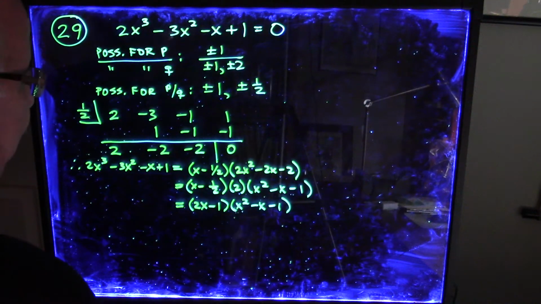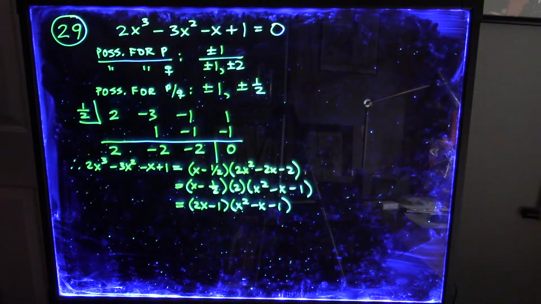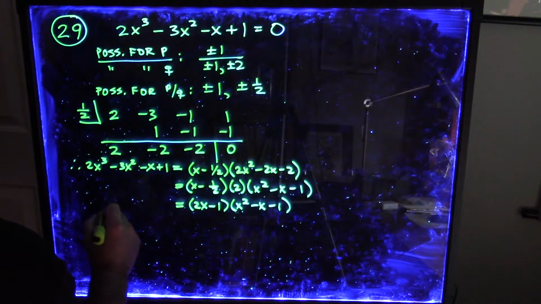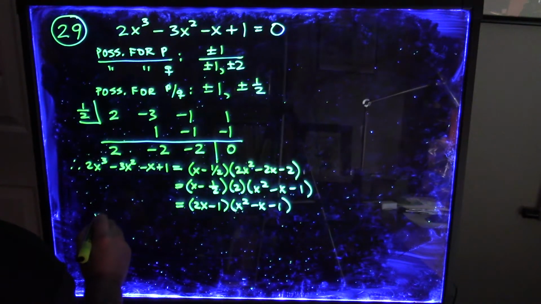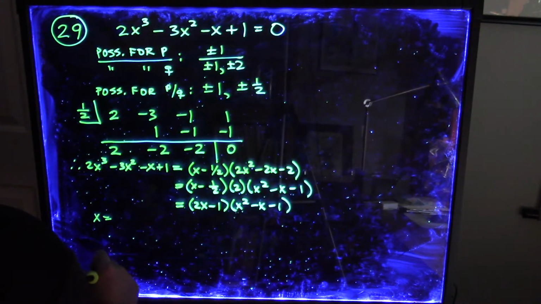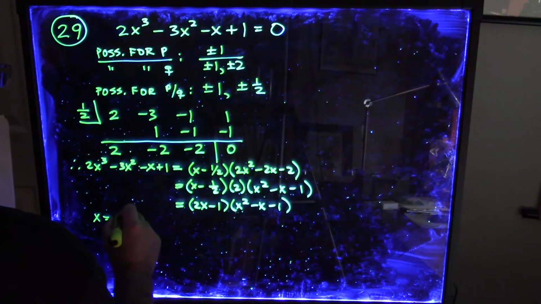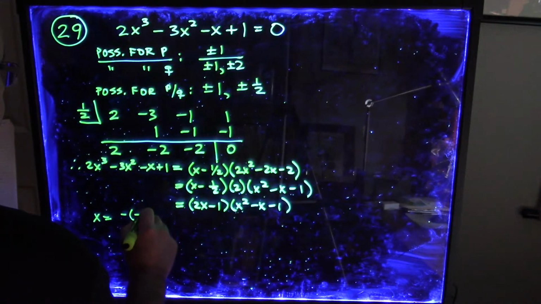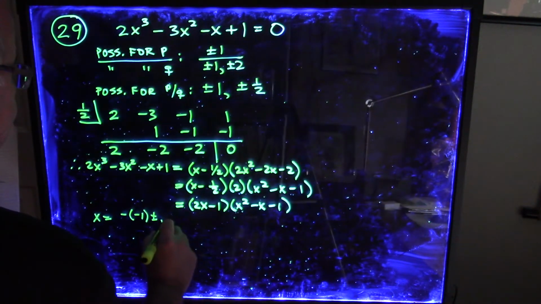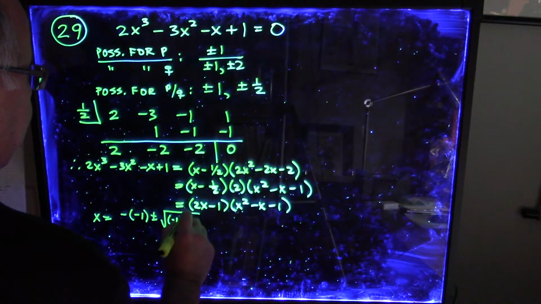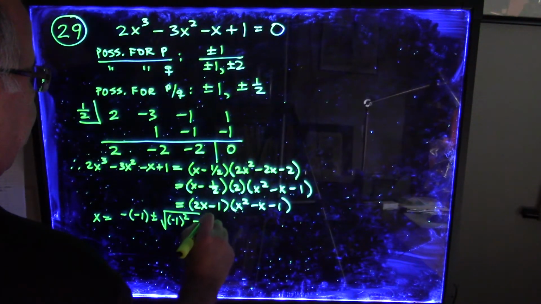This one, though, cannot be factored over the integers. So you could either complete the square or use the quadratic formula. We'll use the quadratic formula. x is negative b, so that's negative of negative 1, plus or minus the square root of b squared, or negative 1 squared, minus 4ac.